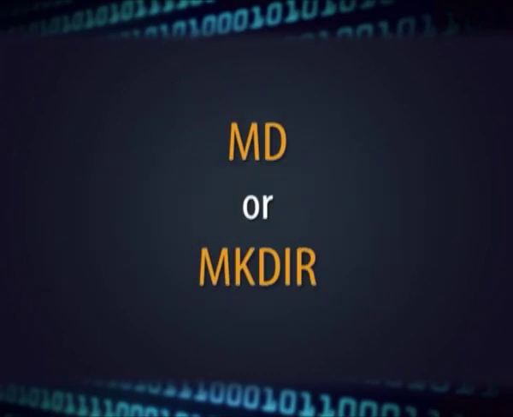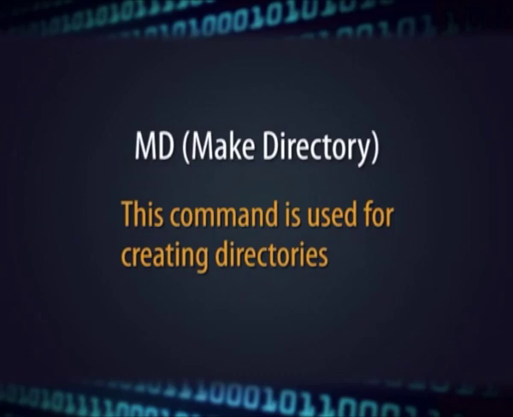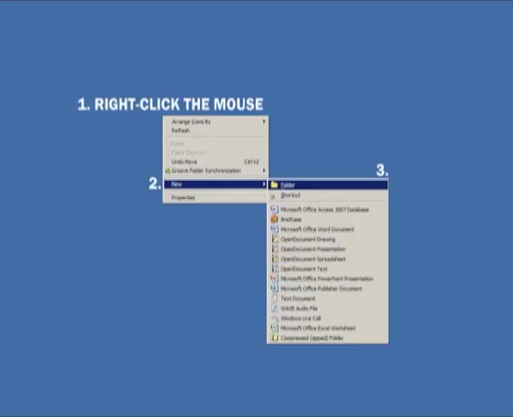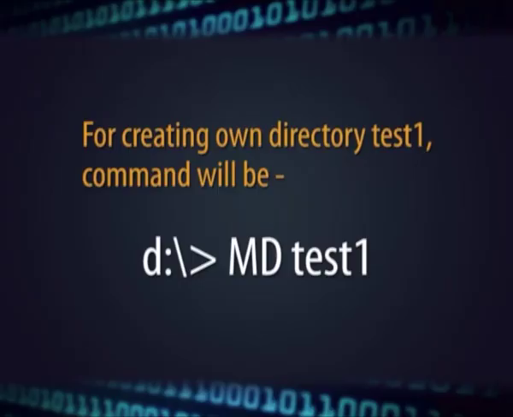Next DOS command is md or mkdir. md, that is make directory, is for creating directories. It is the equivalent of the Windows new folder command. If the user wants to create his own directory test1, then the command will be d:/ prompt md space test1.